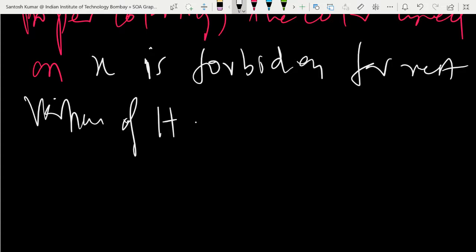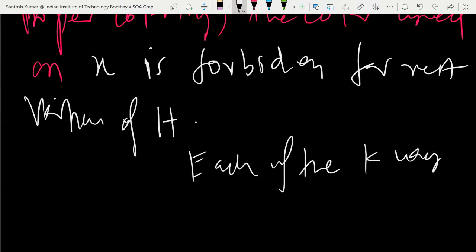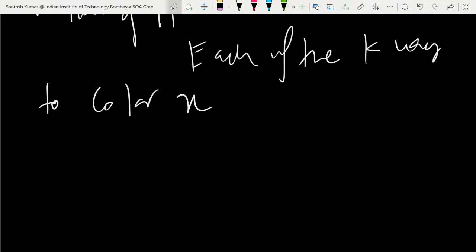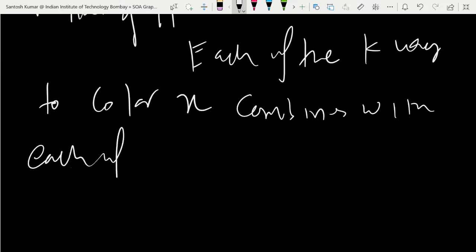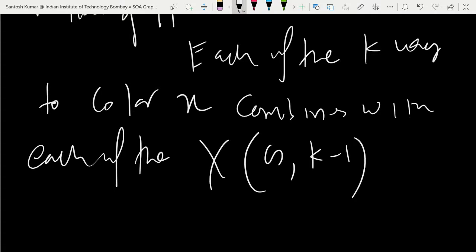The total number of ways to color X is K. So each of the K ways to color X combines with each of the chi of G at K minus 1 ways.